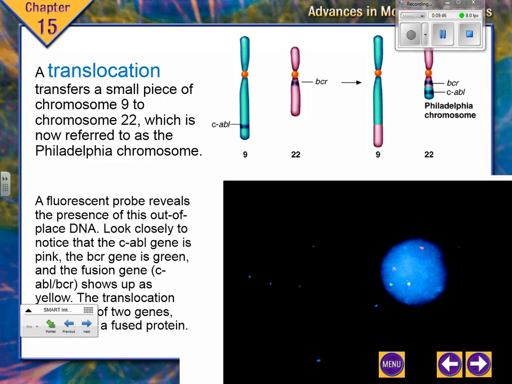Okay, because now on one of them, you have information that's not supposed to be there, and same thing on the other one. And that's called translocation. So now genes have translocated to a different chromosome that they're not supposed to be on. And they're not going to work as well. Okay, 9 and 22, we found examples where this happens sometimes. And we name the chromosome that's a combination, the little one at least, that causes more problems, the Philadelphia chromosome.